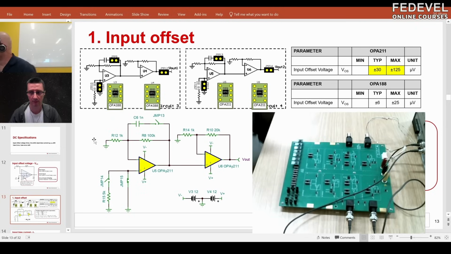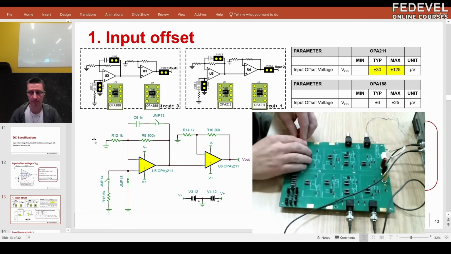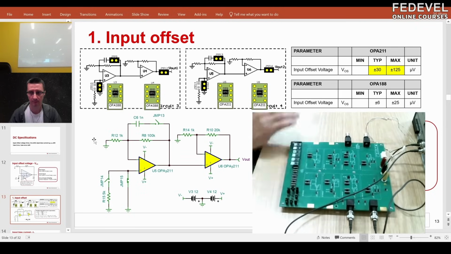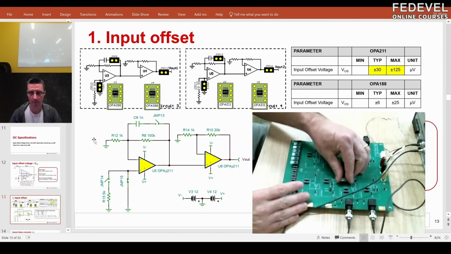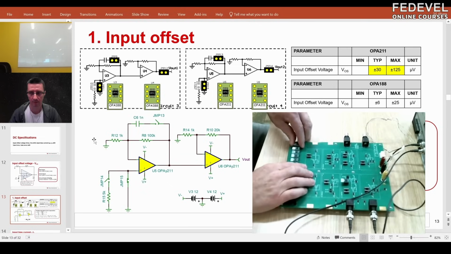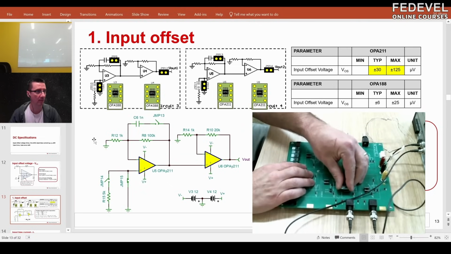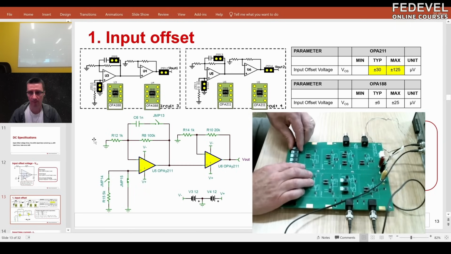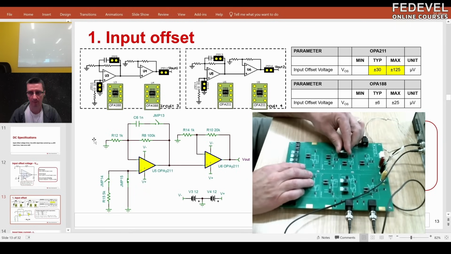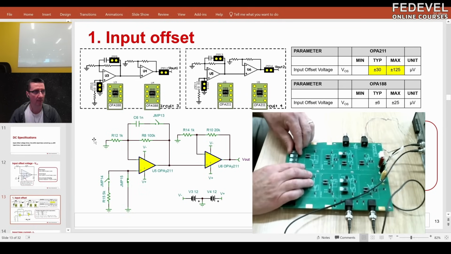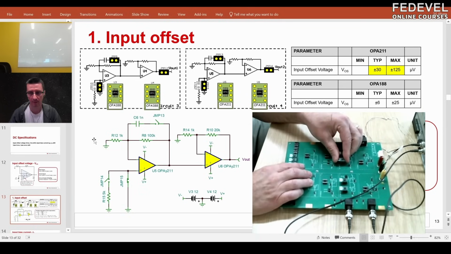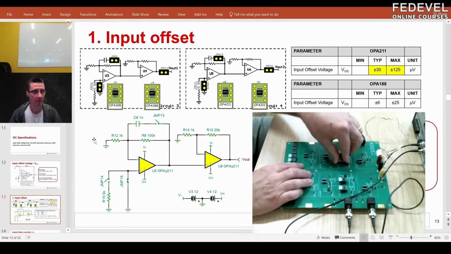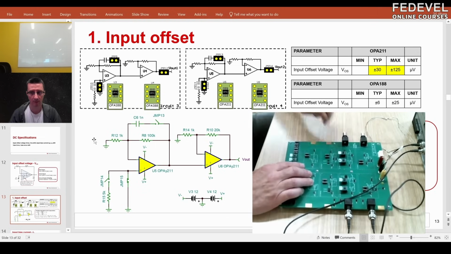Here is the hardware, and we're going to use 2 op amps. I'm putting the OPA211 into this test circuit, which has a cascaded amplifier. Earlier, I mentioned that sometimes you have 2 amplifiers in series to get a higher gain, and this is an example where the gain is quite high.